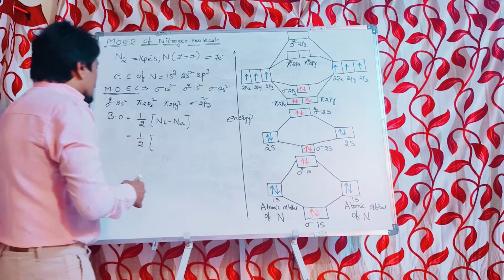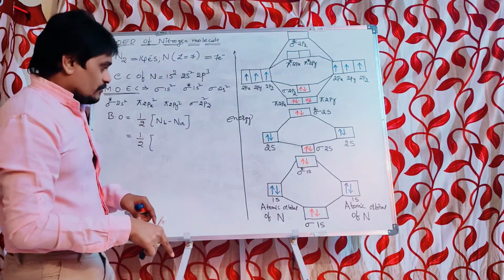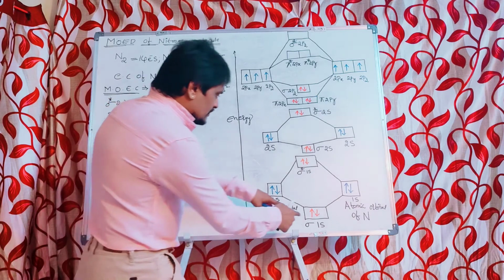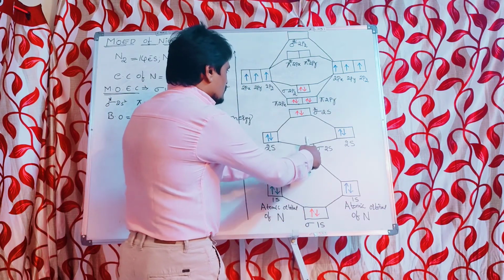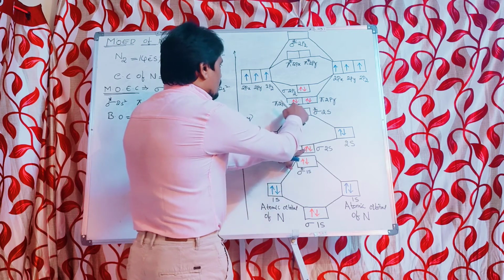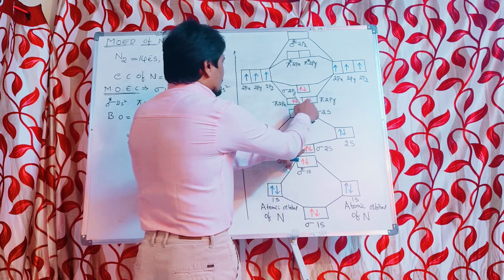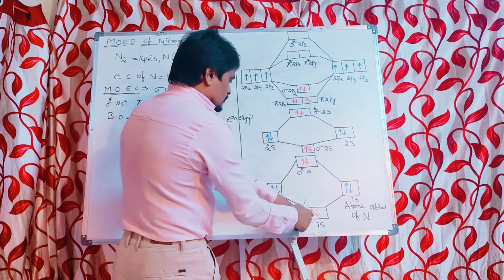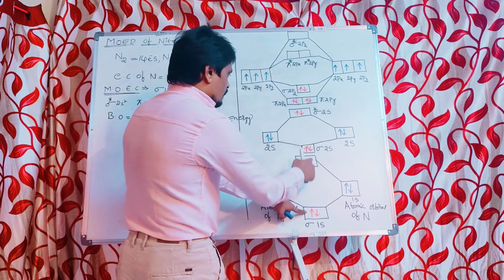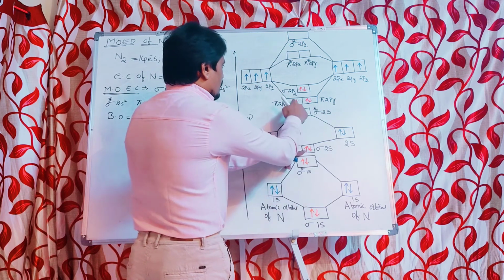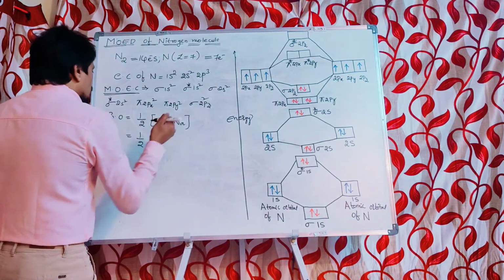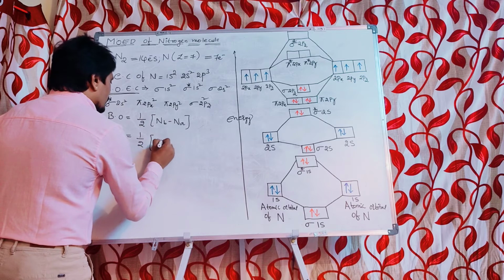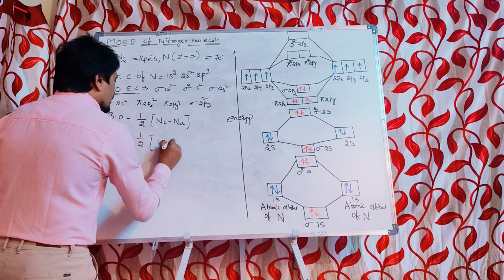Now let us count the number of electrons in bonding molecular orbitals: 2, 4, 5, 6, 7, 8, 9, 10. So totally 10 electrons are involved in bonding molecular orbitals.